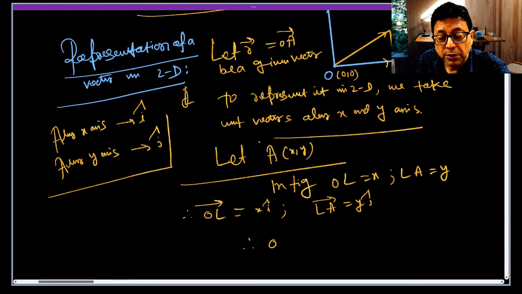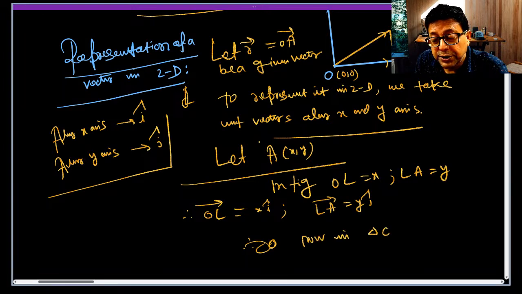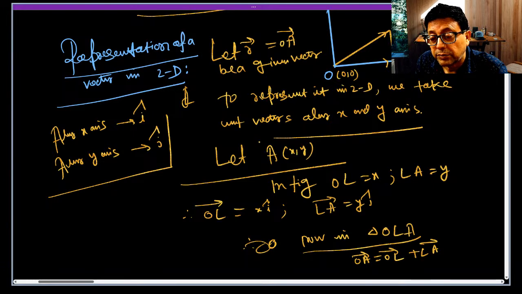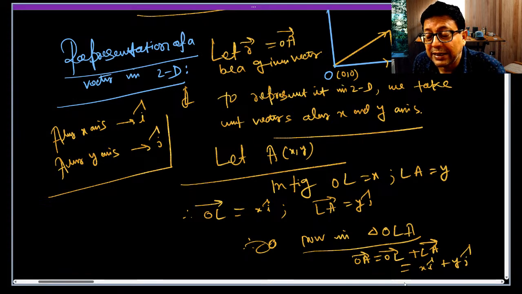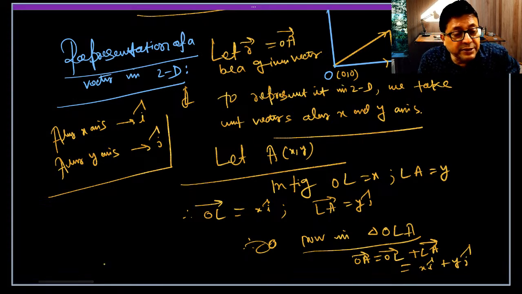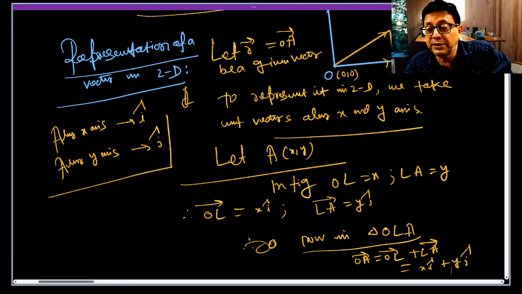Therefore, now in triangle OLA, OL is x I cap, LA is what? Y into j cap. So the vector we have represented.